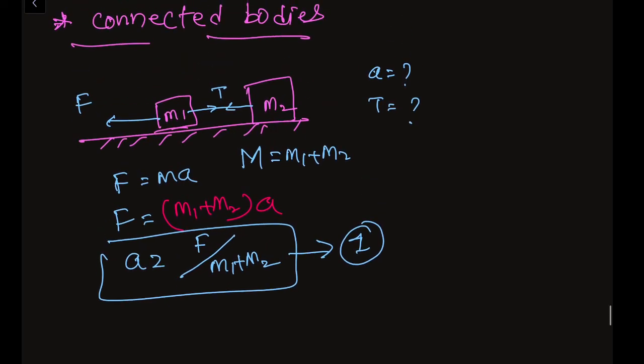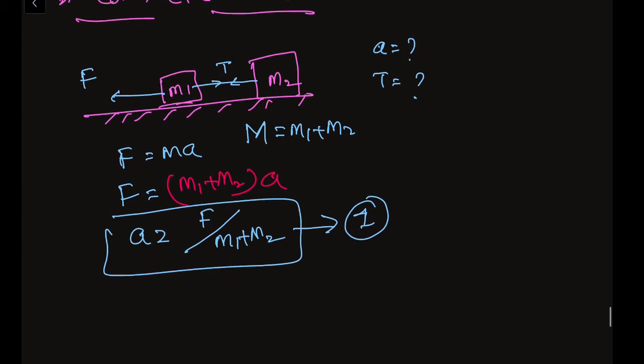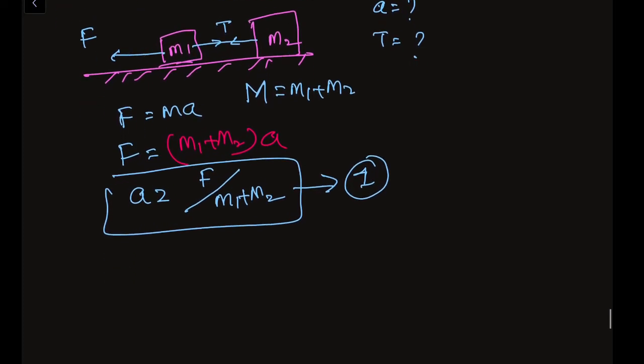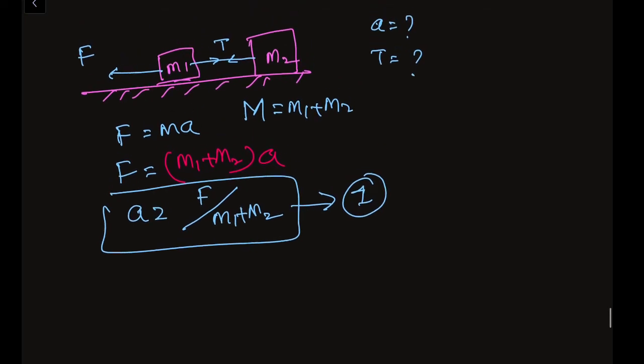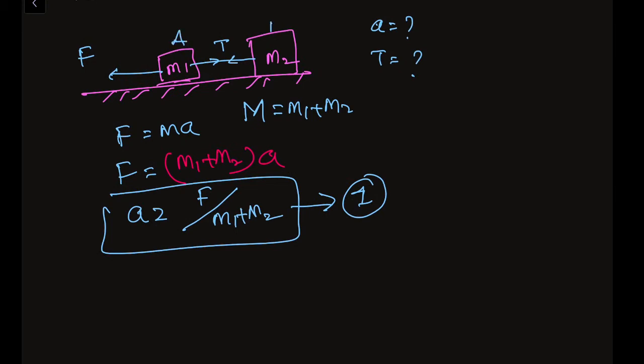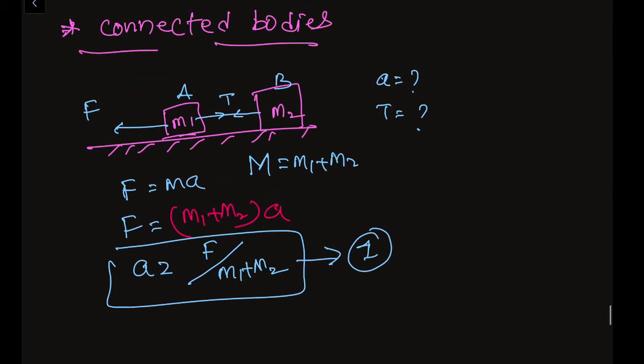Then how can we find the tension? Now see children, the free body diagram, according to the free body diagram, body A and body B. The acceleration moves in the leftward direction.